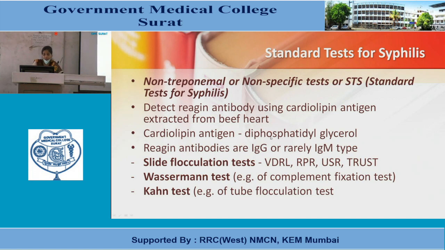The reagin antibodies are IgG or rarely IgM type. Slide flocculation tests we can use are VDRL, Venereal Disease Research Laboratory test, rapid plasma reagin test, USR and TRUST. Also the Wassermann test, the complement fixation test, and the Kahn test, which is a tube flocculation test.